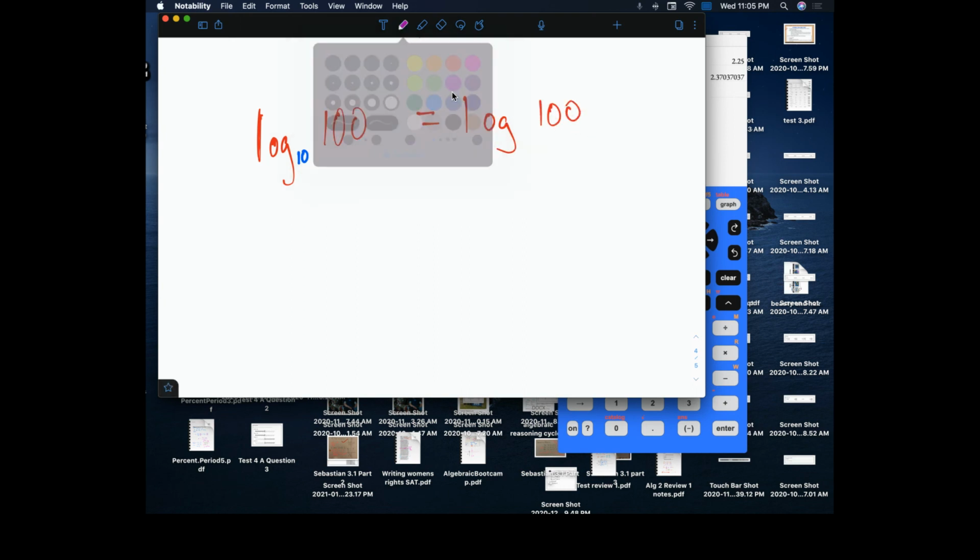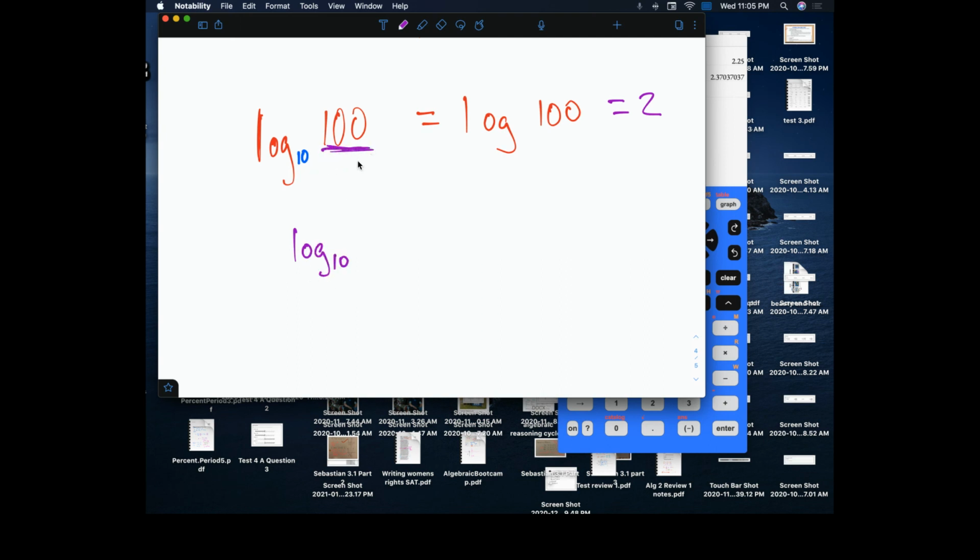So what is this all equal to? Well, this is actually all equal to 2. How come? What all a log is saying is when you write 100 with a base of 10, what is the exponent? Well, 100 is 10 squared. So when 100 is written with a base of 10, what is the exponent? The exponent is 2. Okay? That's what a log means.